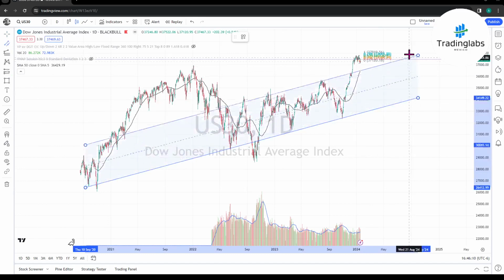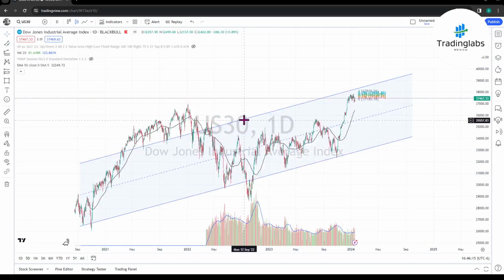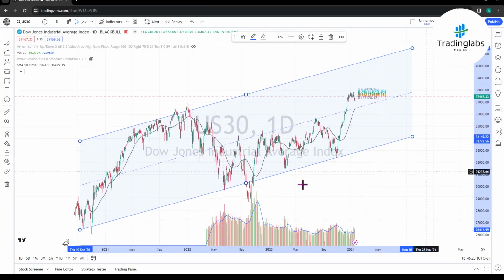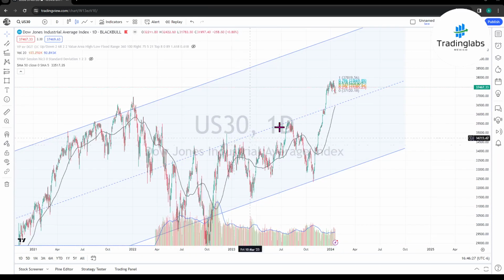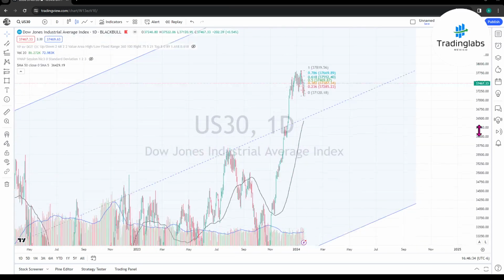Look at this beautiful channel. From here to here, we are above the middle line of this simple channel. We are above the middle. So maybe if we retrace.